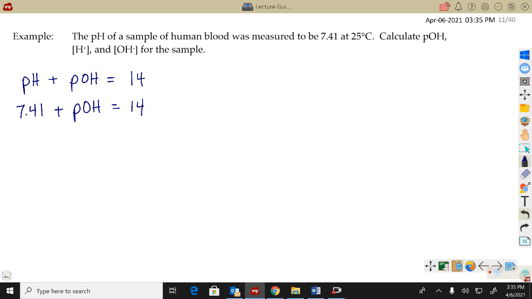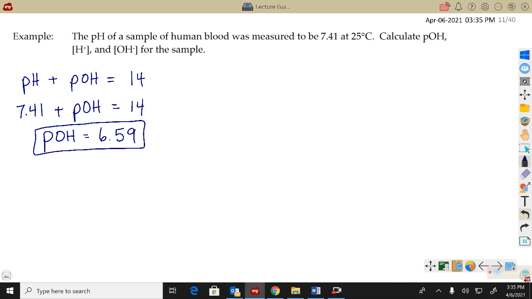And all I gotta do is subtract. 14 minus my 7.41, and I've got the pOH. It's that easy. My pOH is about 6.59. So far, so good, right?